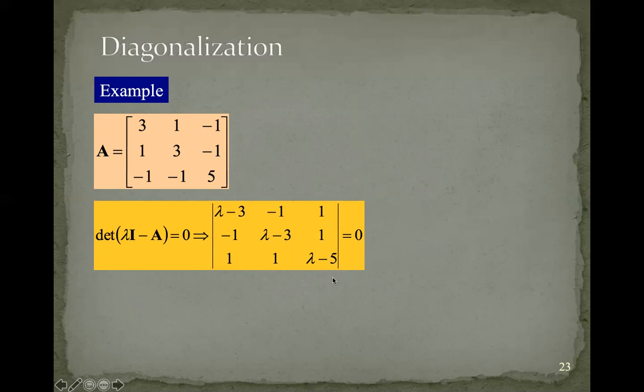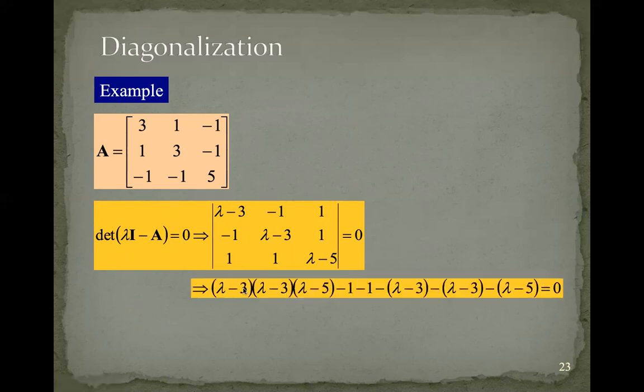So we try to find each of the lambda values, using the formula for finding the determinant. So we have lambda minus 3 multiplied by the determinant of this square matrix, plus minus 1 multiplied by the determinant of this matrix, and then plus 1 multiplied by the determinant of this square matrix.